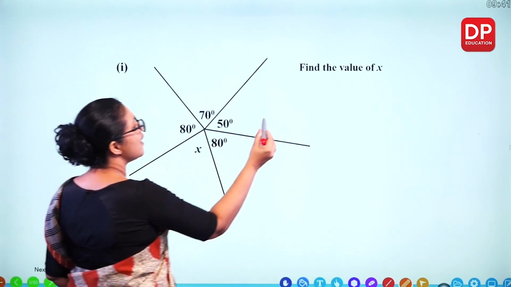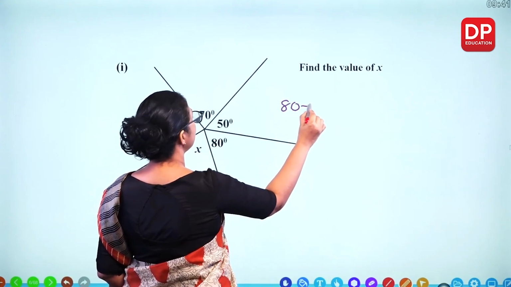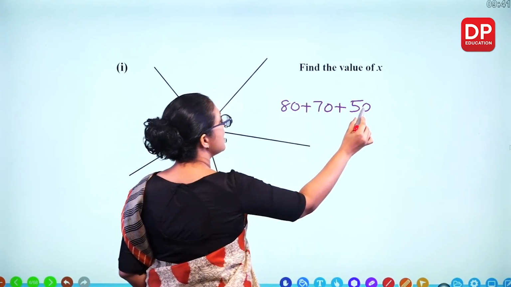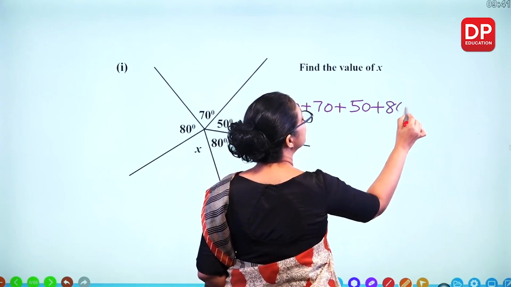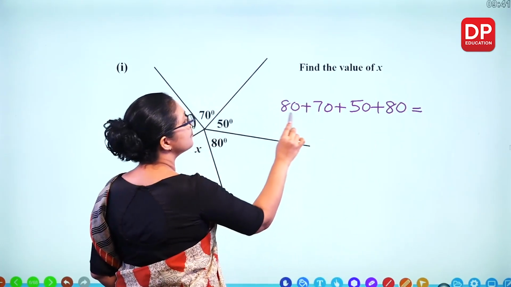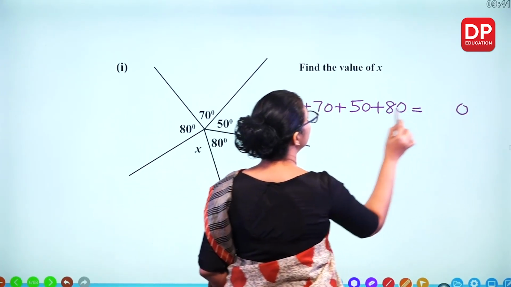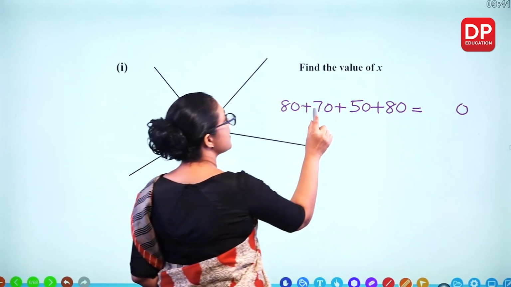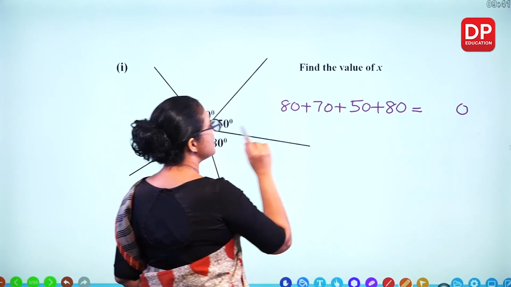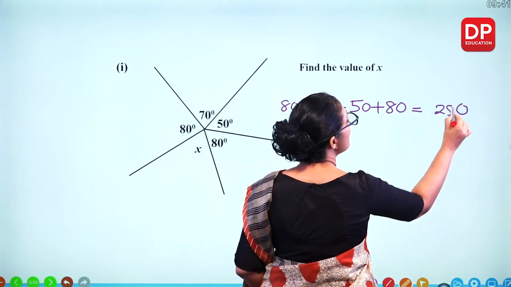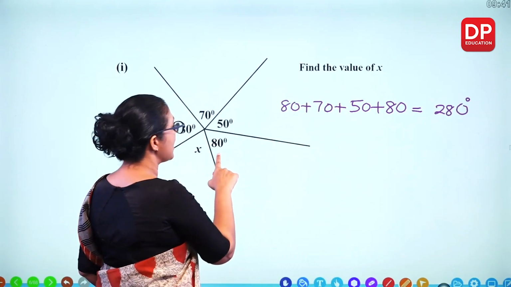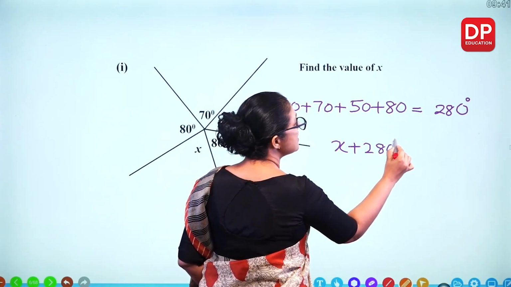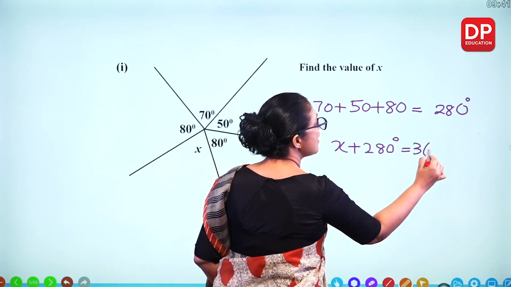So what's the value of 80 plus 70 plus 50 plus 80? 8 plus 5, 13. 13 plus 7, 20, 28. So 280 degrees. Now we can write x plus 280 degrees is 360.